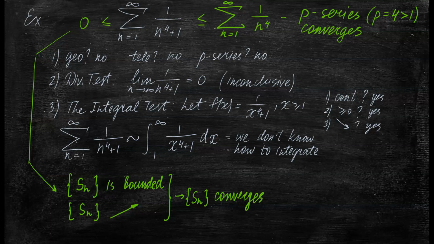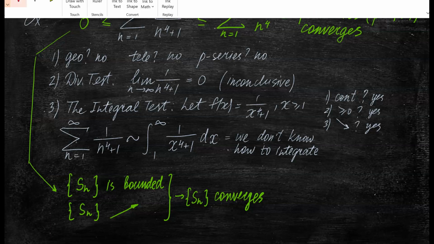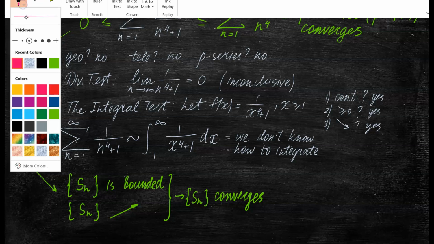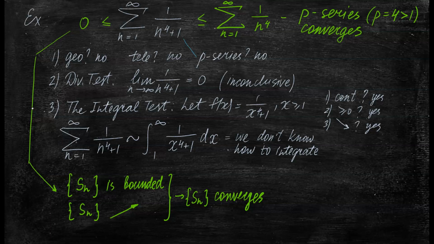But remember, the series converges if the sequence of partial sums converges. So the final conclusion is that this series converges, and this argument is called the direct comparison test.